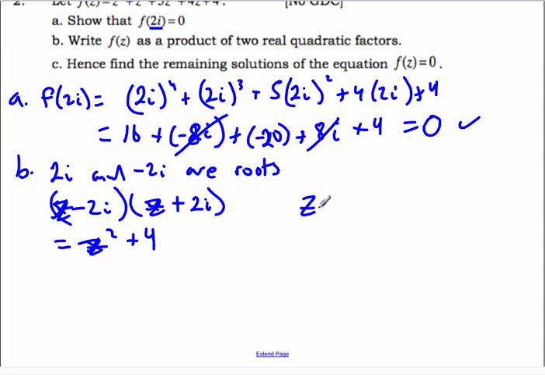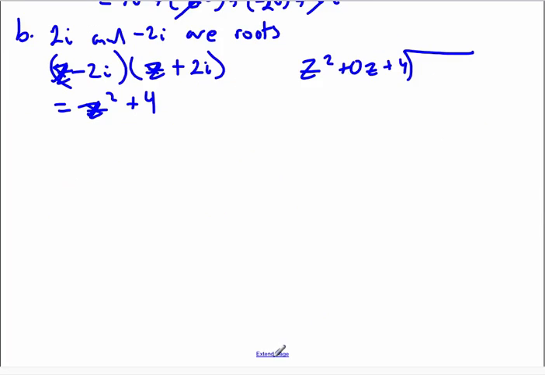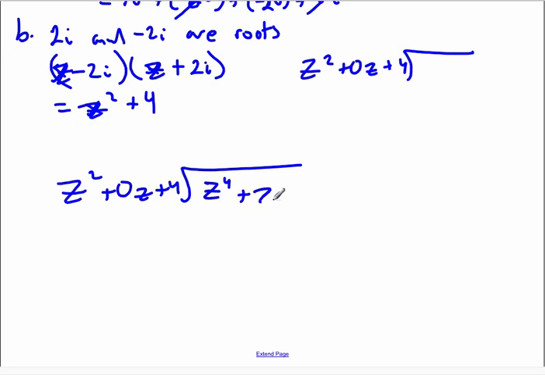So we'll have z squared plus 0z plus 4 into the polynomial, which is z to the power 4 plus z to the power 3 plus 5z to the power 2 plus 4z plus 4.